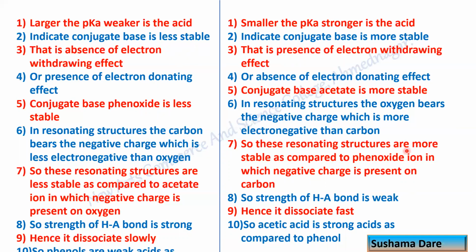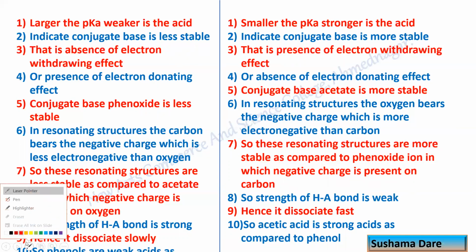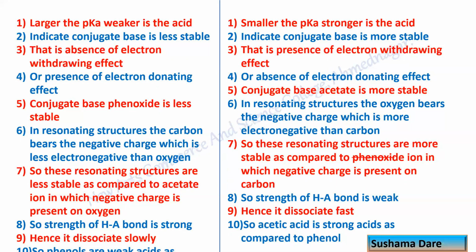But in the resonating structure of the acetate ion, where is the negative charge present? Instead of phenoxide, the negative charge is present on oxygen. So here it is present on oxygen, in the case of the acetate group. So make this correction: the negative charge is on oxygen in the case of the acetate ion.